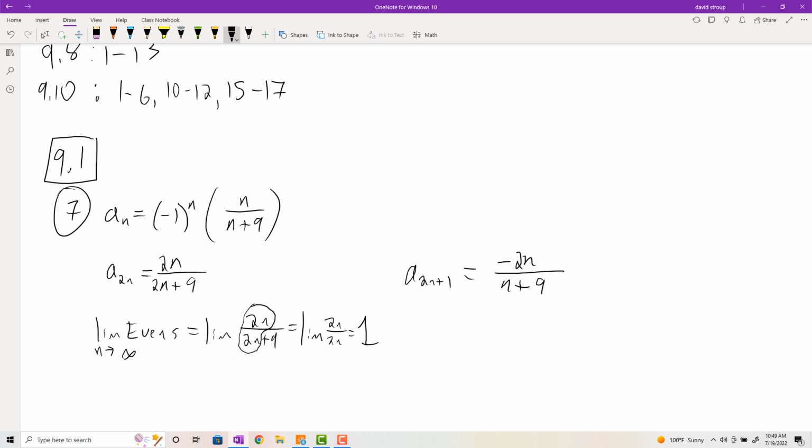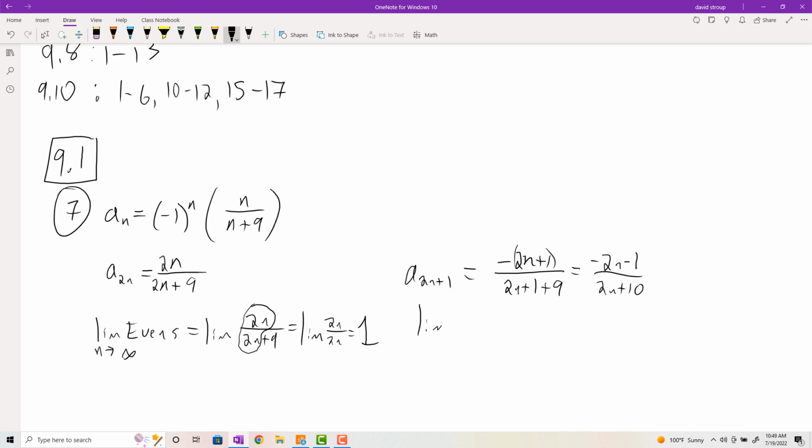Technically, you have to put the 2n plus 1 in here, but it'll have the same sort of behavior as the original terms of the series. It'll go to -1. So in the bottom, instead of n, you have 2n plus 1, then plus 9. Simplifying a little bit, -2n minus 1 all over 2n plus 10.